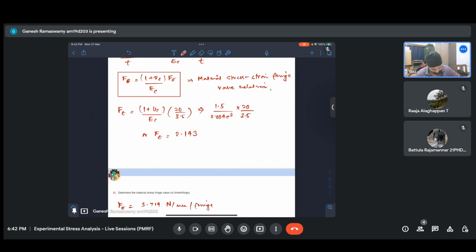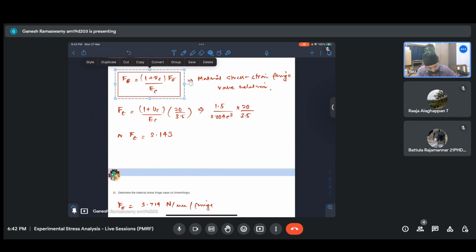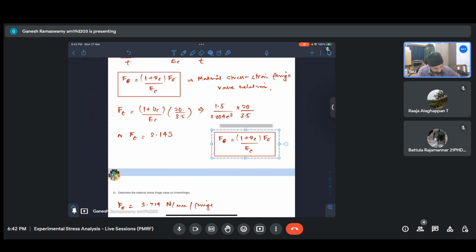And what are the units for this? We can just see from this expression itself. So if we were to take the dimensions, this is somewhat aside. Poisson's ratio is a dimensionless quantity.